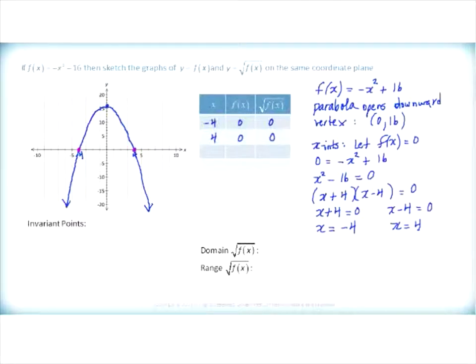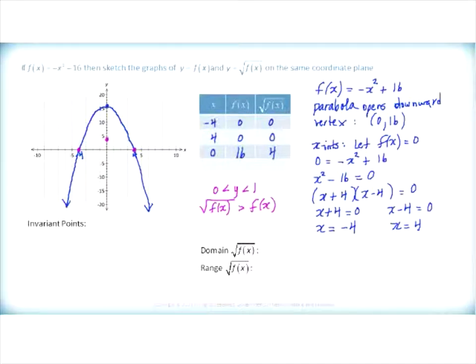If you locate the vertex, when x is equal to 0, y or f of x is equal to 16, and the square root of 16 is equal to 4. So the point (0, 4) lies on the graph of the square root function. We know that when the values of y are greater than 0 but less than 1, the square root function graph will always be greater than the original function.